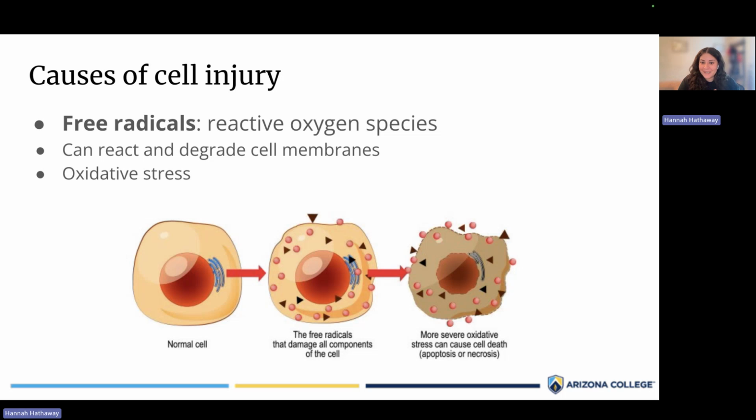And obviously that's bad because now toxins are coming in that shouldn't be, the cell's extra permeable, it's losing stuff it shouldn't, so that cell is going to die. When that happens, when we have these free radicals and these reactive oxygen species reacting with and damaging cells, we call that oxidative stress. It's a specific type of cellular injury.